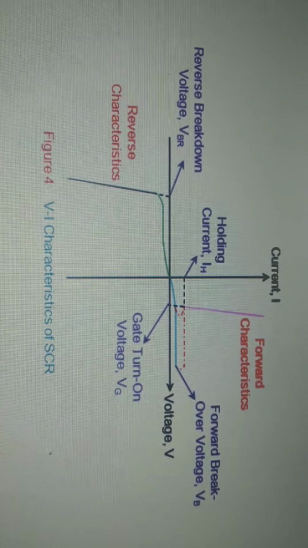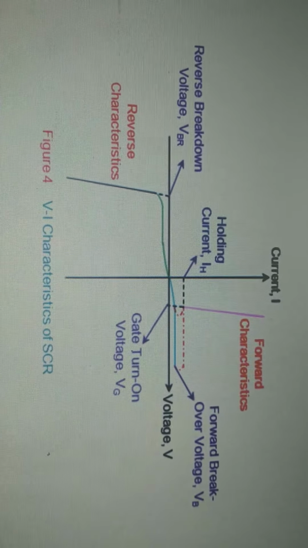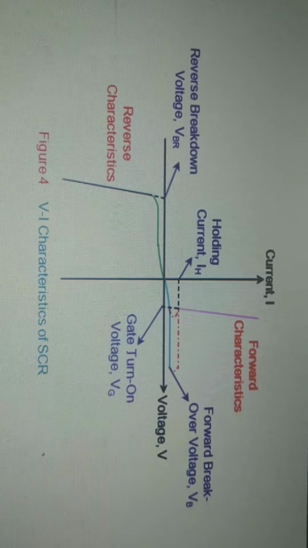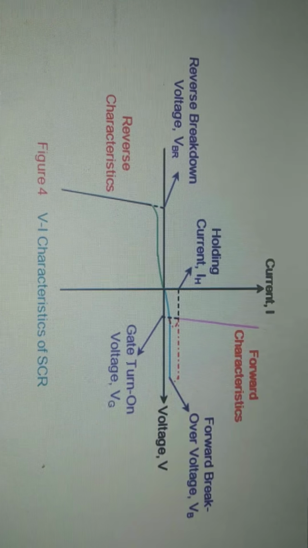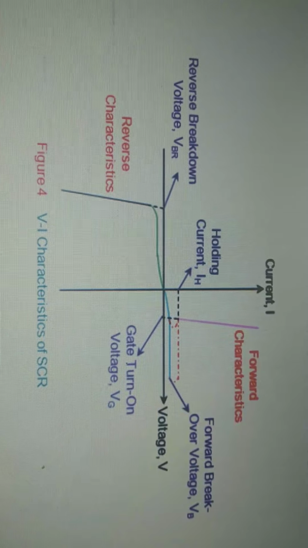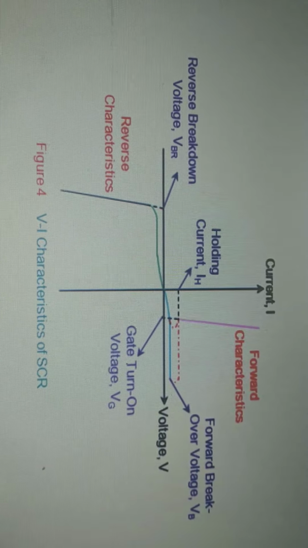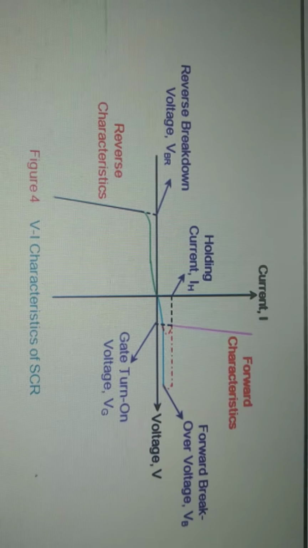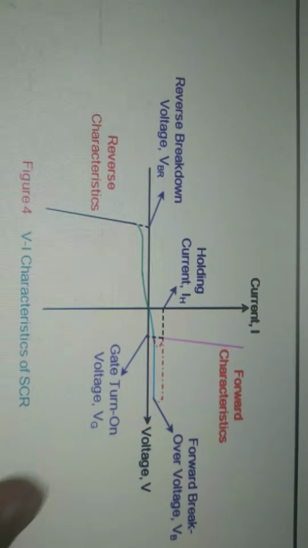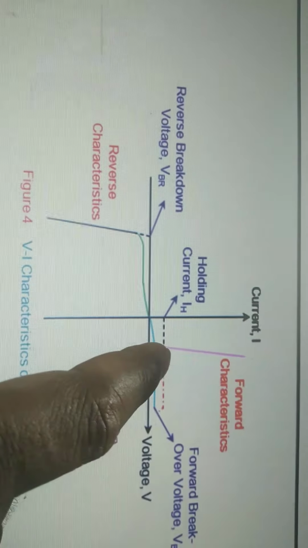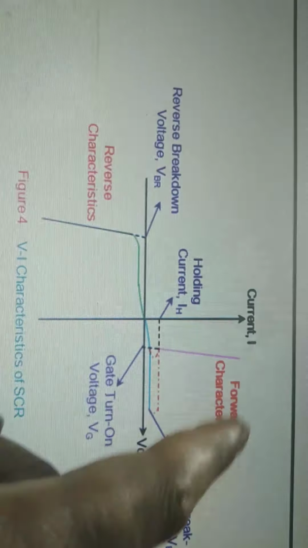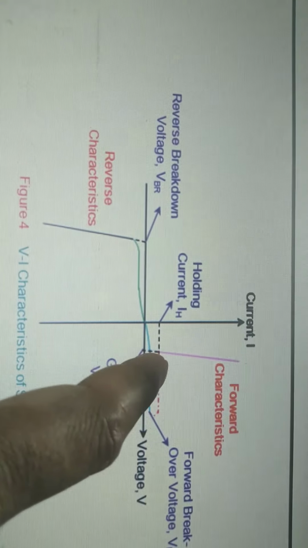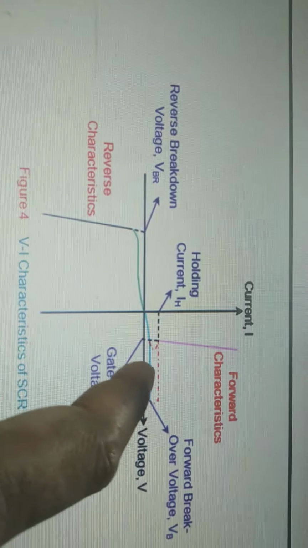We keep that voltage at some lower value and apply the voltage across gate and cathode. It is in forward mode, hence the J2 junction breaks down as early as possible. If you apply more voltage across gate and cathode, it comes into conduction mode very fast like this.